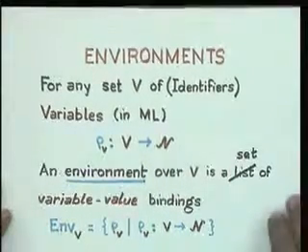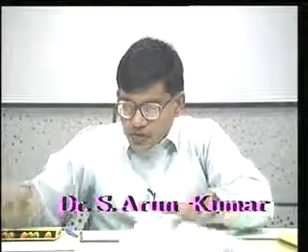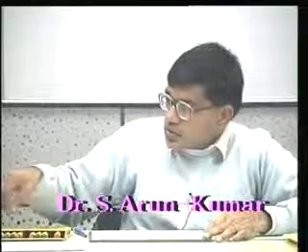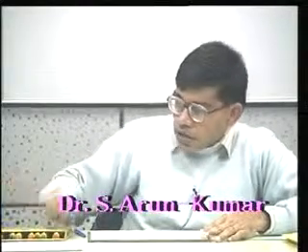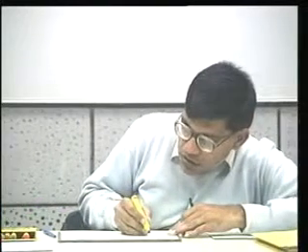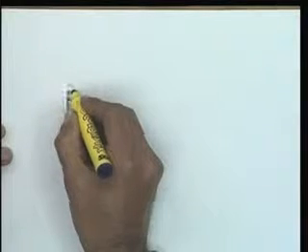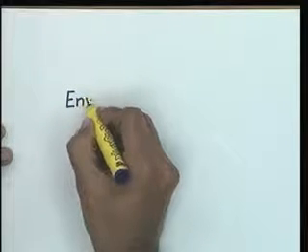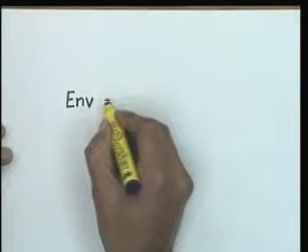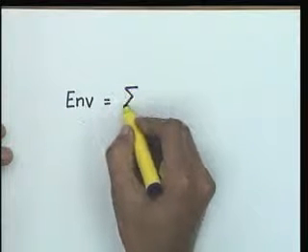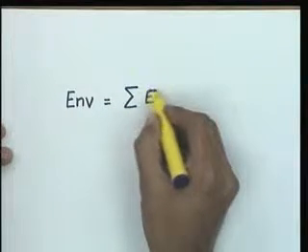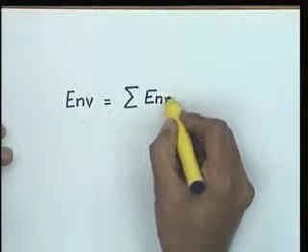Right. So we could go a little further and consider the set of all possible environments. I will define just environment. The set of all possible environments is the set of all possible environments over the set of all possible variables.